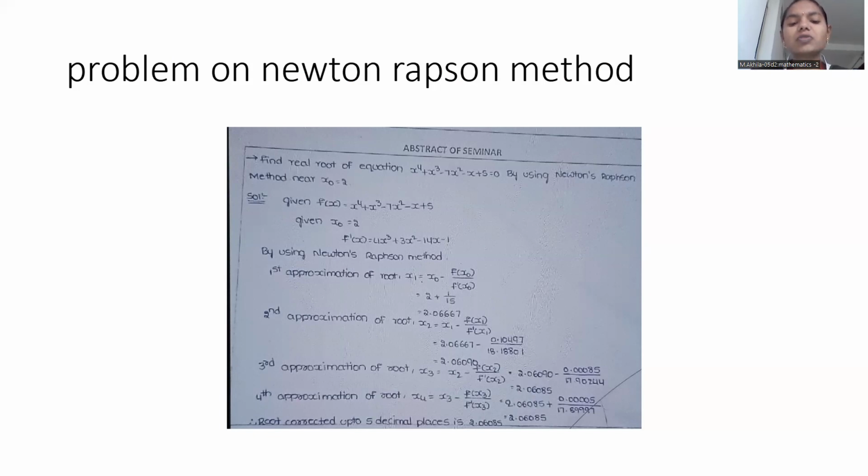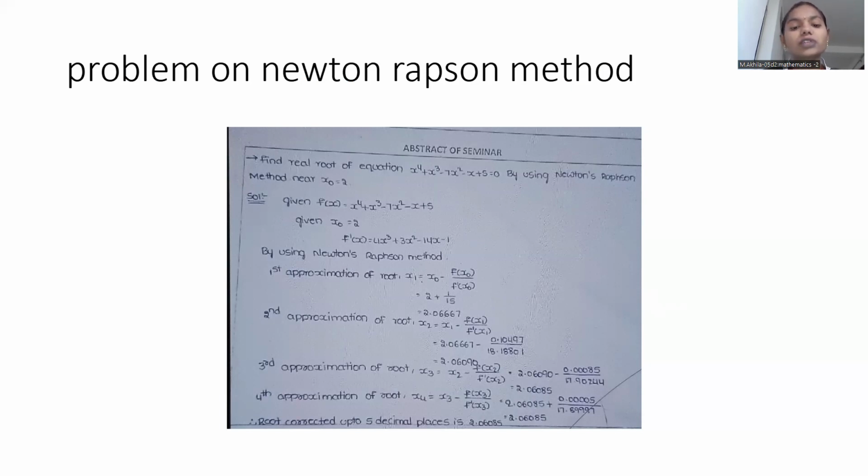If we solve this, we get the second approximation as 2.06090. If we observe the first and second approximations, we have not got similar values; up to 3 places are not coincident. So we have to go for further approximations.